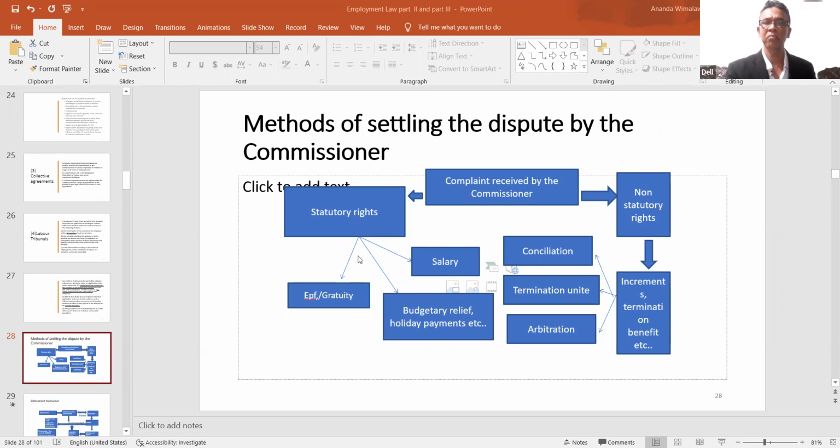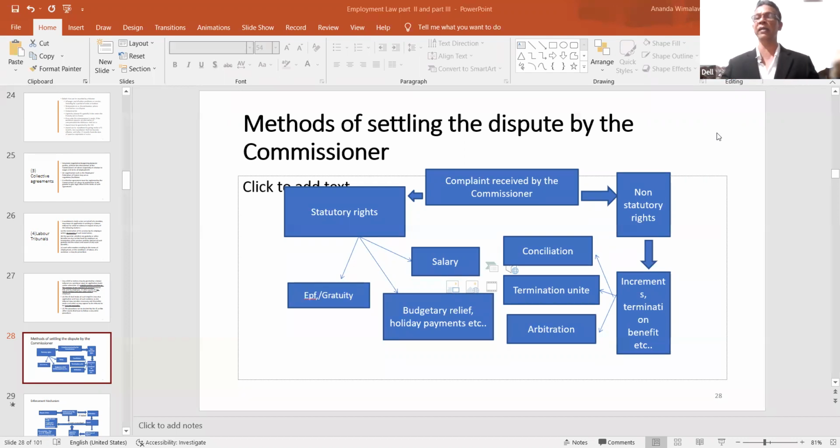If it is salary, under the Wages Board's Ordinance, the Shop and Office Employees Act, or the Budgetary Relief Act.